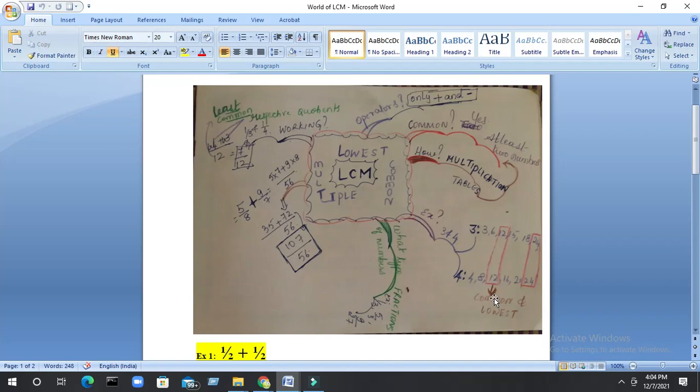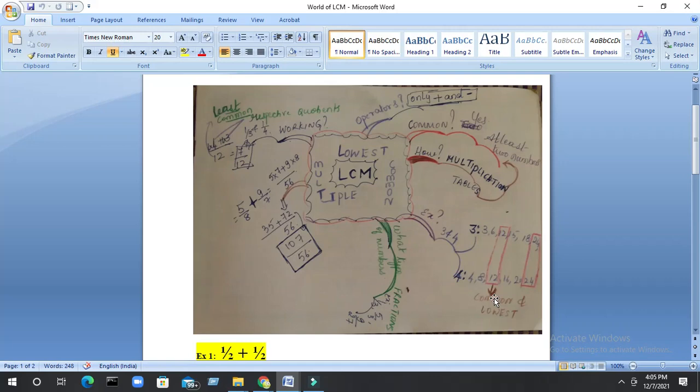If that's the case, where do I require LCM? My dear friends, this is mostly used in fractions. When we want to add fractions, we get confused. We do not have the same clarity as we have with direct addition and subtraction.